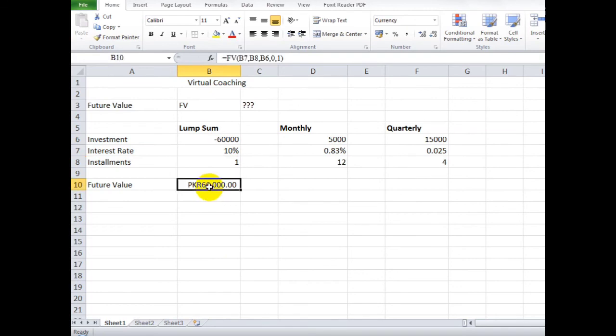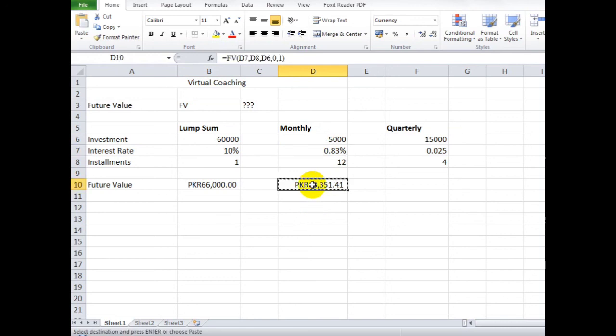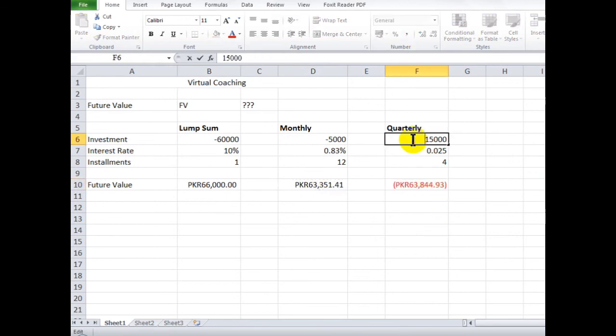Now if we copy the same formula and paste it in this cell, we will be getting 63,000, and again we'll have to make this 5,000 as minus, so we will be getting 63,000 on our investment. And same, if we copy this and paste it here, we will be getting 63,844, again showing 15,000 as an outflow.